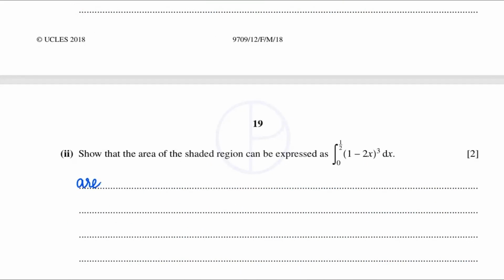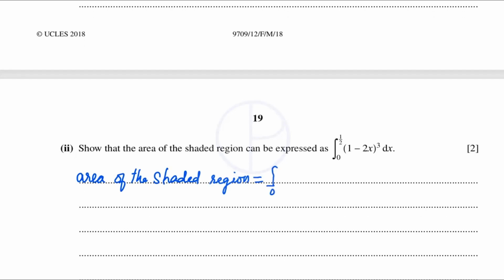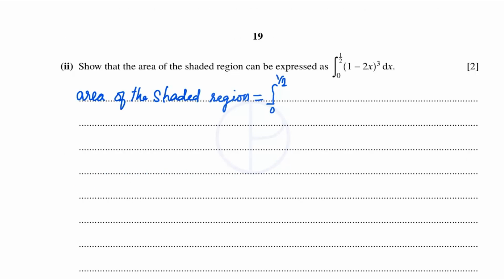So the area of the shaded region is the equation of the line, which is ∫(1 − 2x) dx, minus the equation of the curve, from 0 to 1/2, ∫[(1 − 2x) − (1 − 2x)³] dx.